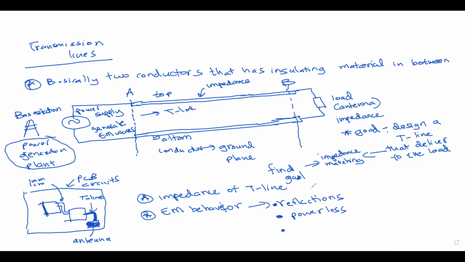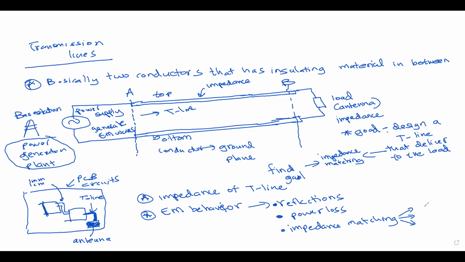And if it is not good, we can do some additional work to match the impedance to the load. In doing the impedance matching, we have different methods that we can use to match the line to the load. So impedance matching can basically be done in different manners.